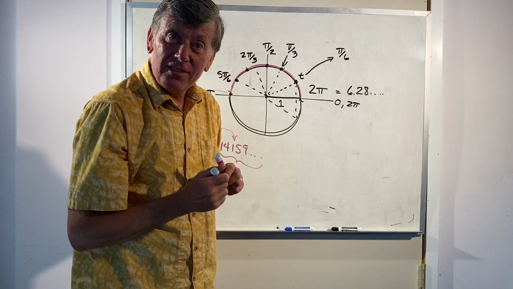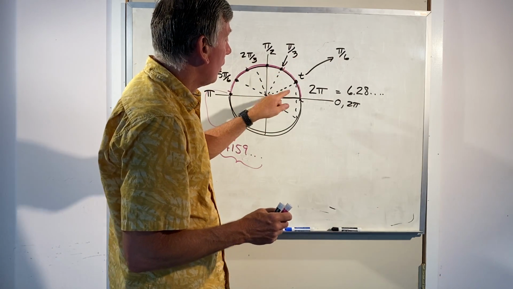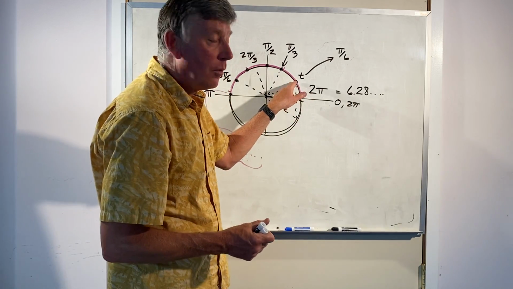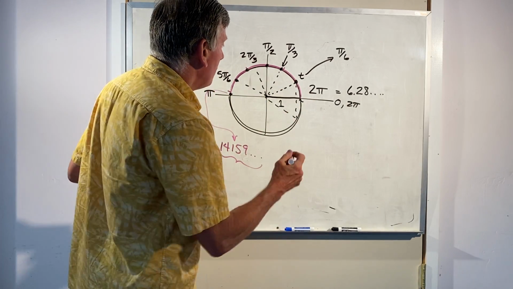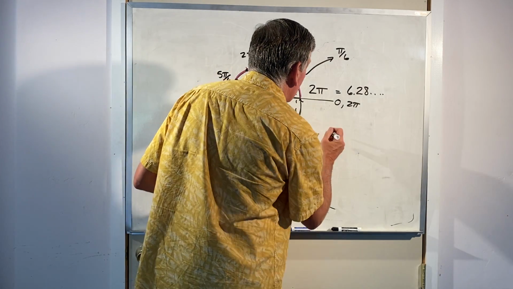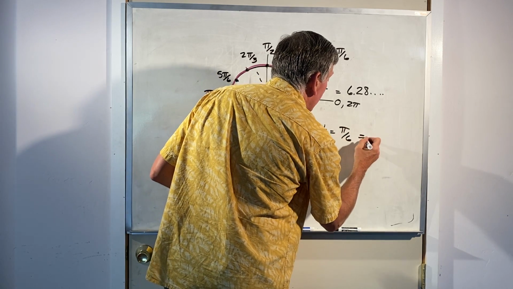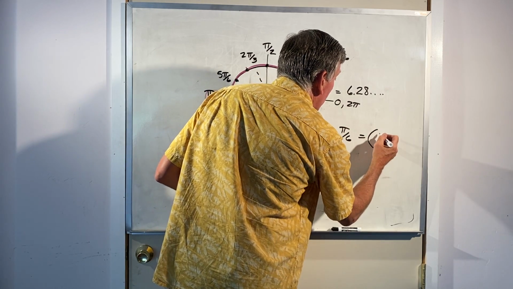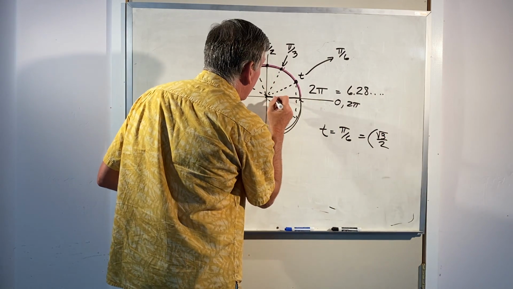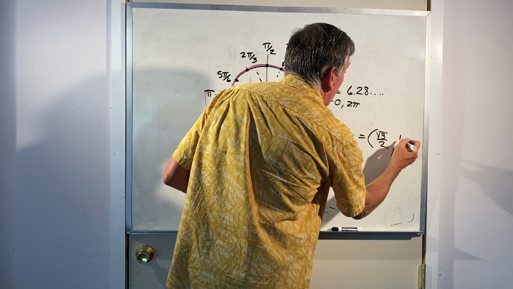These you must know. Not only must you know what these values are, you're going to need to know what the x and y coordinates for these points are. For example, this t equal to pi sixths has the x and y coordinate of square root of 3 over 2, that's that distance right there, comma 1/2.